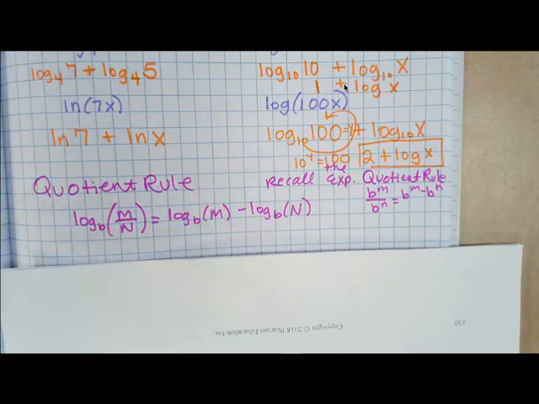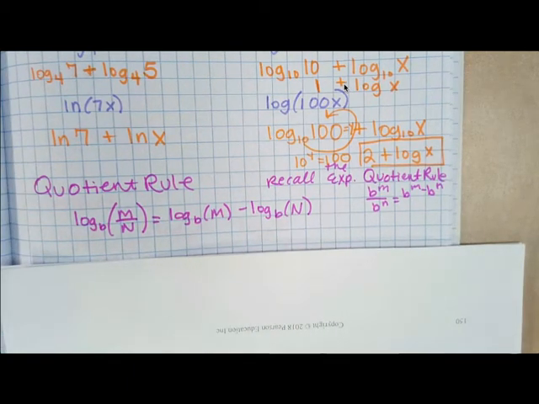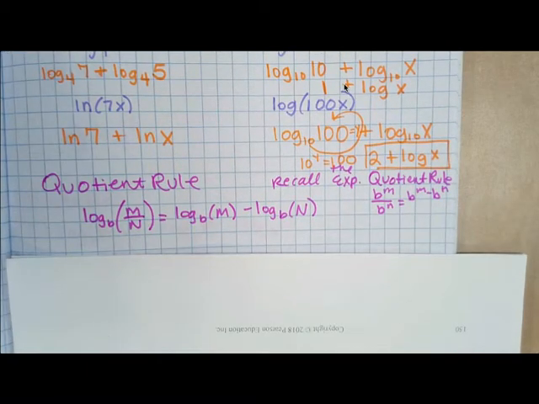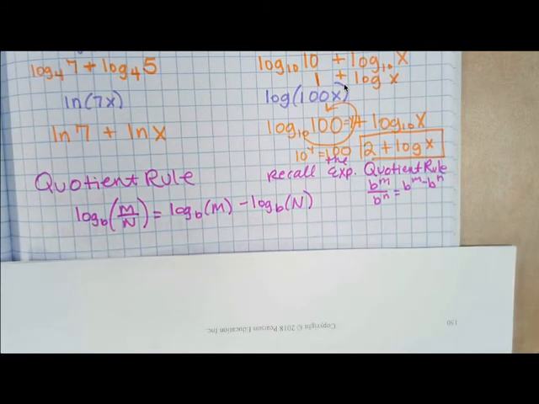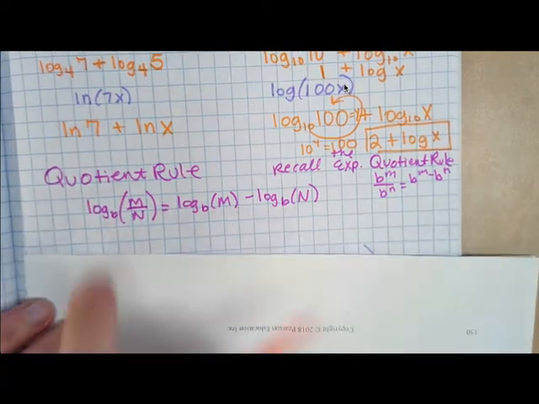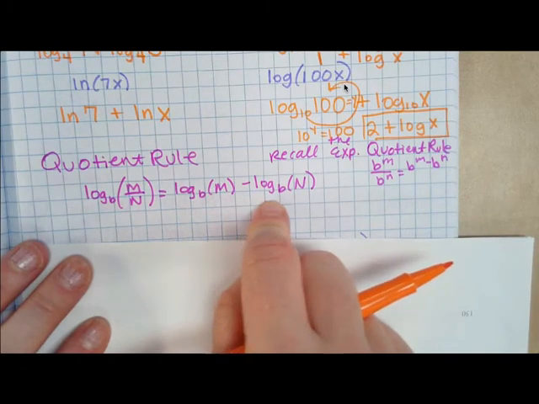When you are dividing terms with the same base, then you can subtract them. So log base b of m over n means I can do log base b of m minus log base b of n.